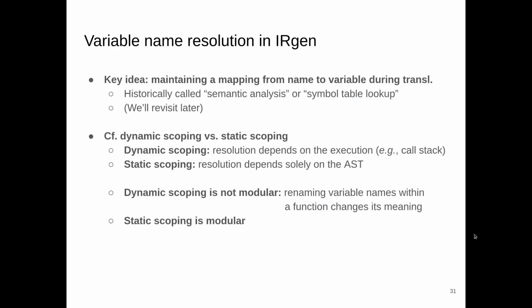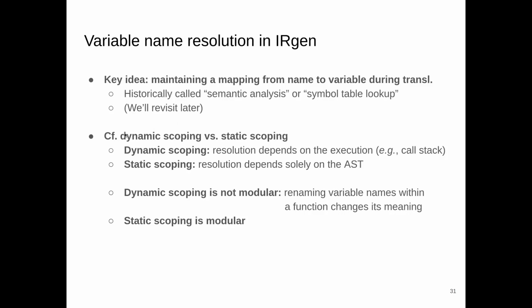So this procedure is historically called semantic analysis or symbol table lookup, but we are going to use the term variable name resolution because I think it better reflects the nature of the computation that is done here. So we are going to visit this topic later when we discuss IRgen more deeply.